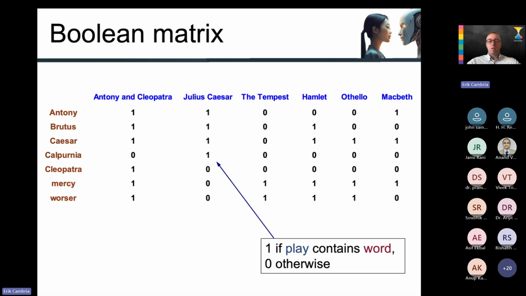This is important because we can see how we can very simply build a sample of a vector space model. So here what I did is, again, just a Boolean model. I have some of the plays of Shakespeare on the columns, and then on the rows, I have the words that make up these plays.